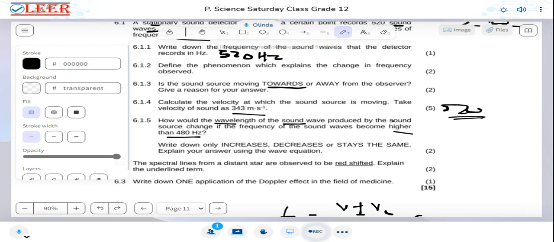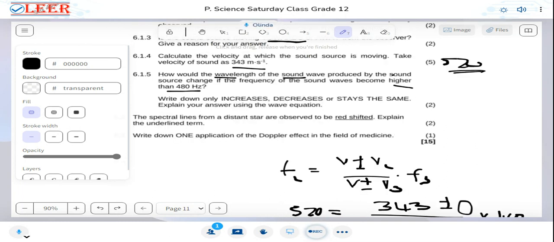So how would the wavelength of the sound wave produced by the sound source change if the frequency became higher than 480? Write down only increase, decrease, or stay the same.